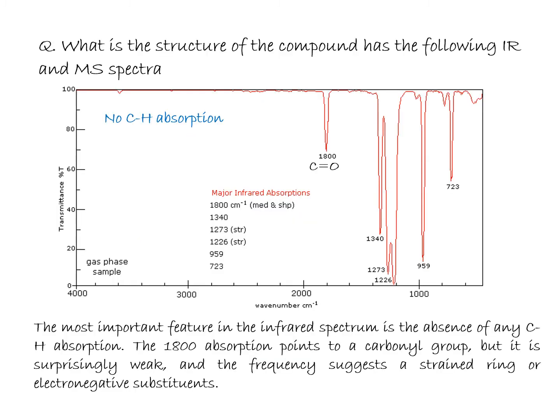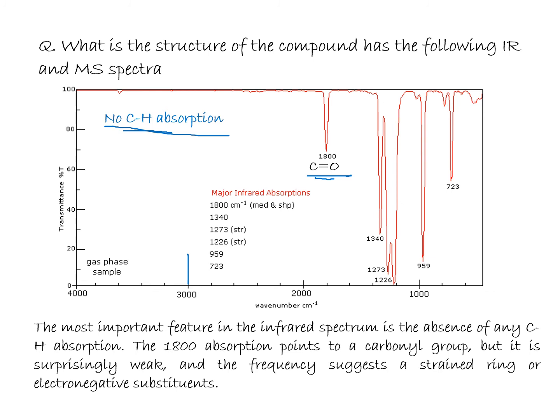Now, what is the structure of the compound that had the following IR and mass spec? Looking at the infrared, there is no CH absorption peak in the area above and below 3000. We have a carbonyl peak at 1800.